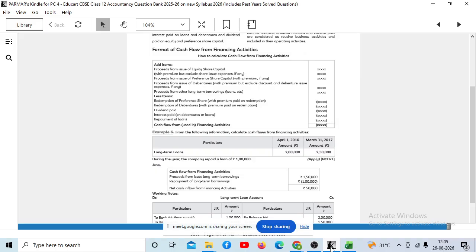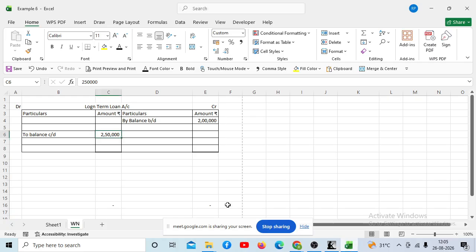If the liability is decreasing, it will be on the debit side. So we will write it on the debit side: to bank. We had repaid the loan of 1 lakh.